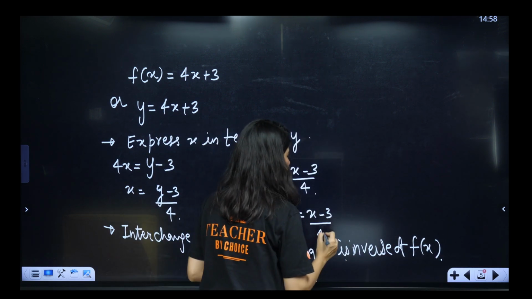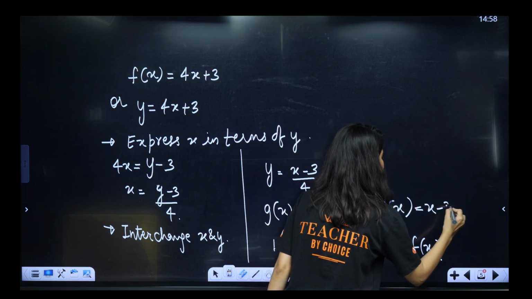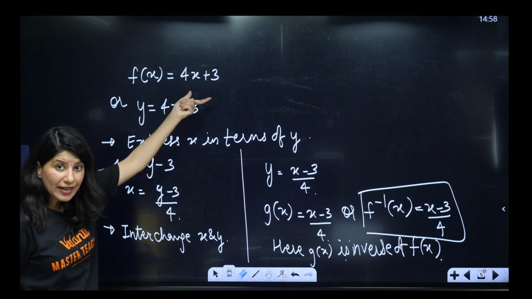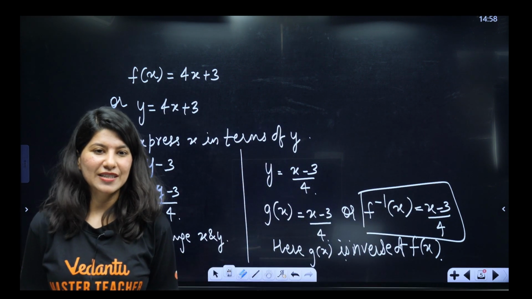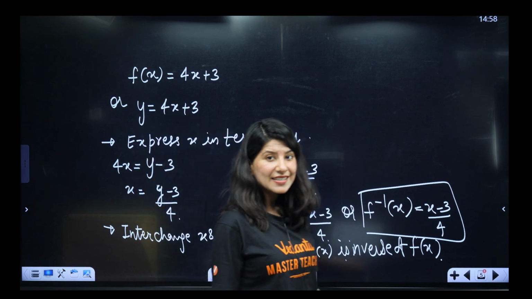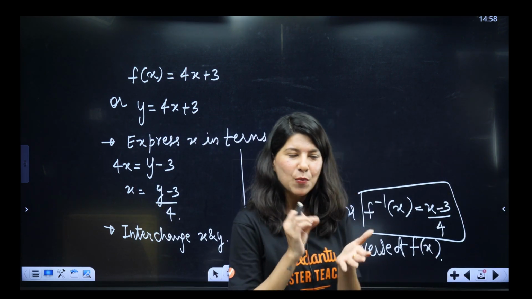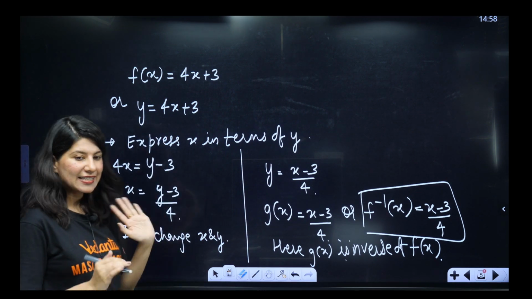Or you can simply write f inverse of x is (x minus 3) by 4. So if f(x) is 4x plus 3, your f inverse of x will be (x minus 3) by 4. That's how you solve this question. If you write this, you will surely get 3 marks. Nobody can deduct even 0.5 marks. Okay? Alright, I guess this is fine.